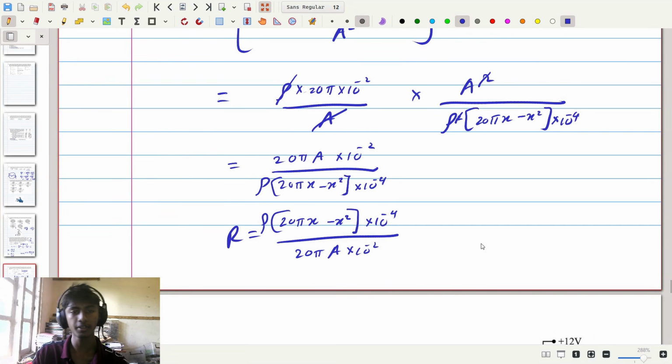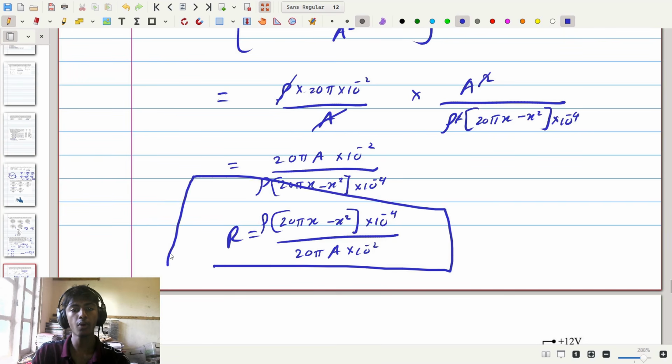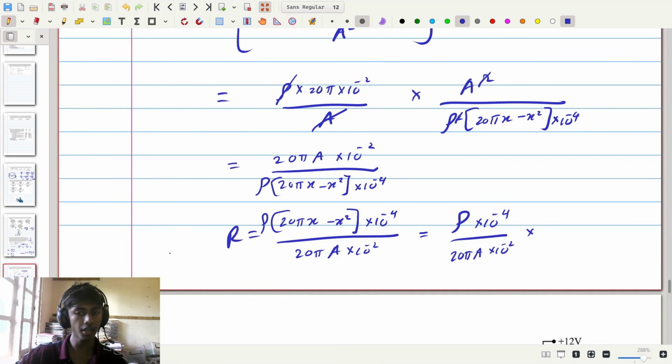I've accidentally missed that. So anyway, with this we get this expression for R, which if I factorize out the x terms becomes rho times 10 to the minus 4 divided by 20 pi a times 10 to the minus 2 times the function of 20 pi x minus x squared.